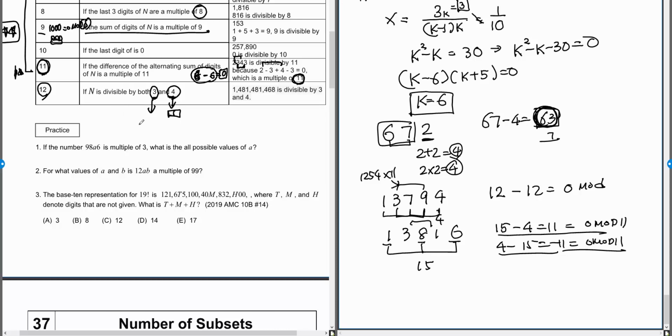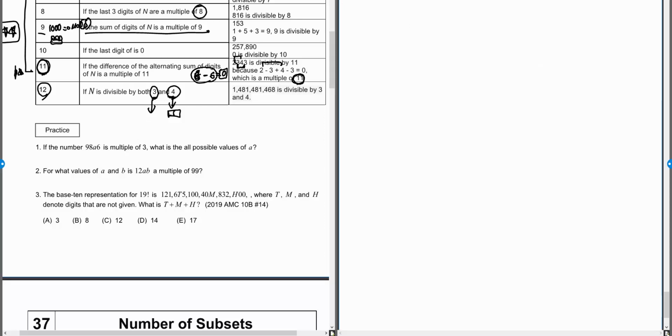So we're going to have some practice over here. Number 1: 986 is a multiple of 3, meaning 0 mod 3. By the rule, what is the possible value of A?